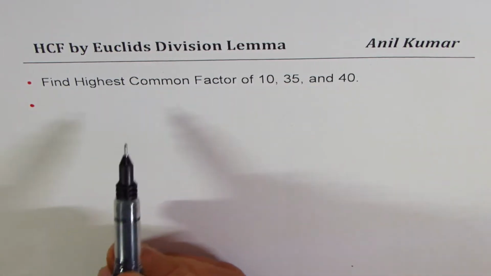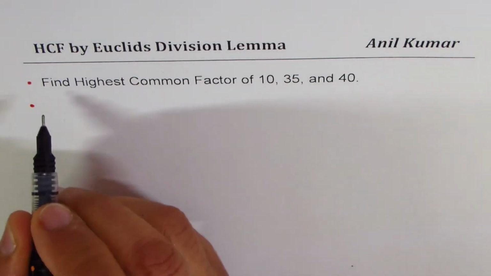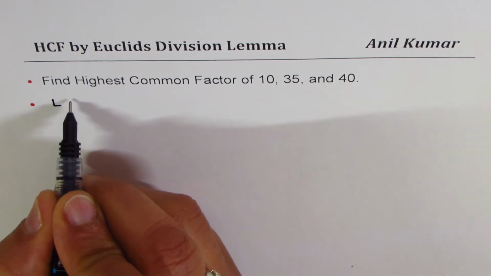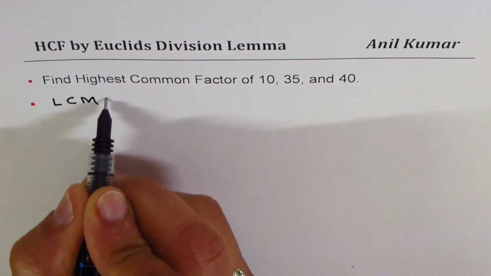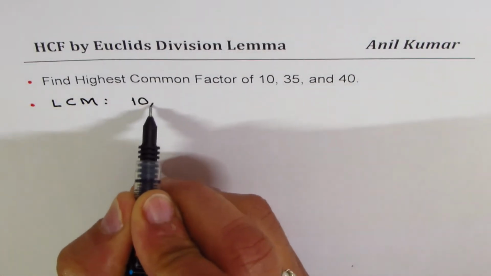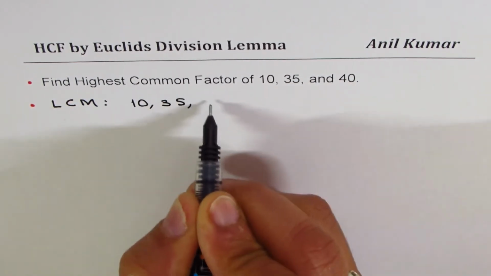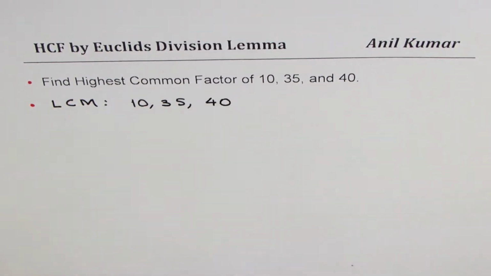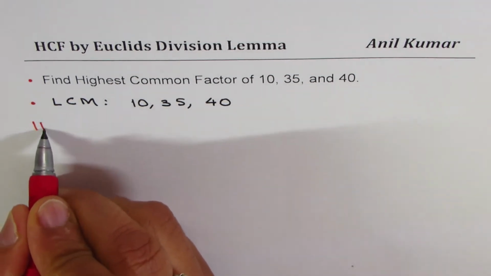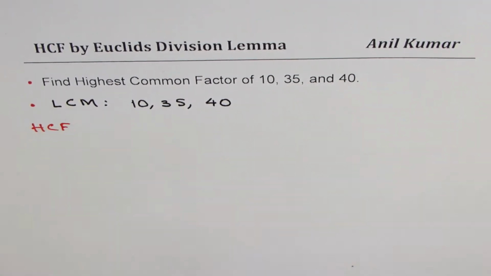I will also add one more component to this, and that is to find the lowest common multiple for these numbers 10, 35 and 40, correct? So let's see how to find HCF, highest common factor, first.